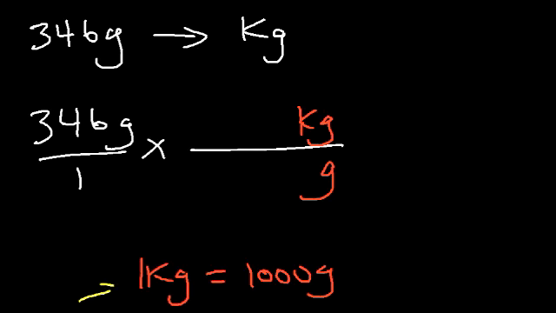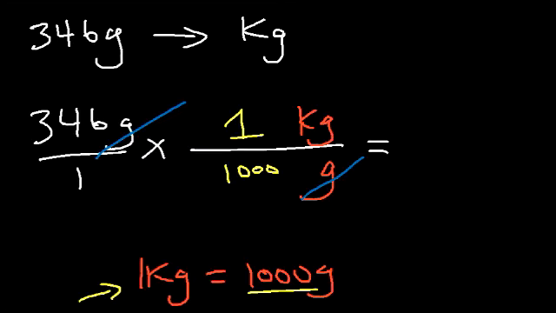The number that's next to the kilograms is a 1, and the number that's associated with the grams is 1,000. So as we can see, the units grams cancel, so it's 346 divided by 1,000. If you have numbers on top, you need to multiply, and if it's on the bottom, you got to divide. So 346 divided by 1,000 is the same as 0.346 kilograms. And that's how you can convert from grams into kilograms.